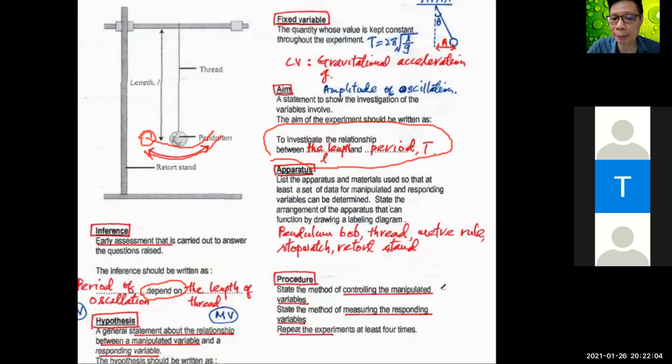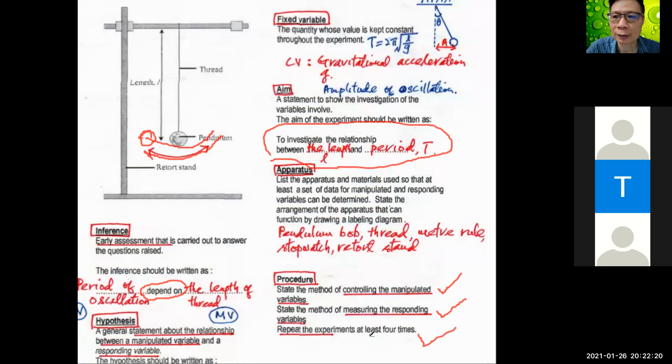So the procedure basically has 3 important things. How to control the manipulated variable. Second, how to measure the responding variable. Third is how to repeat the experiment.